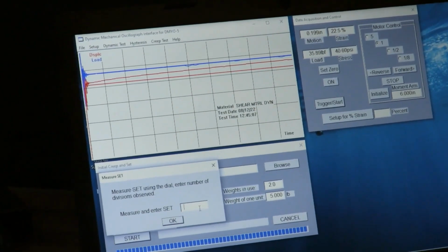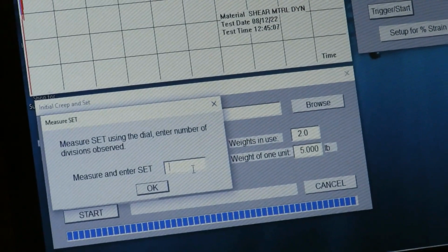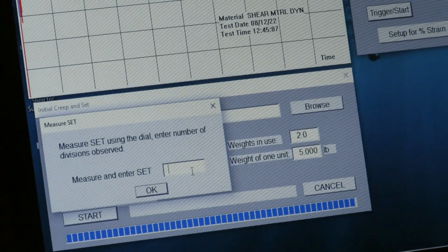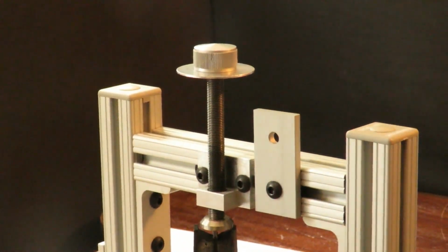At this point, we have to measure the compression set and include that in this calculation. And the dial here gives us the compression set measurements.